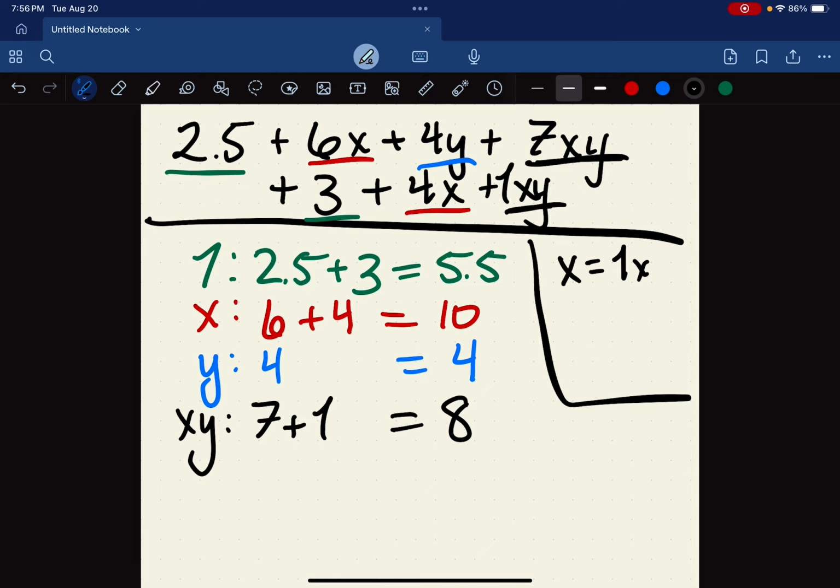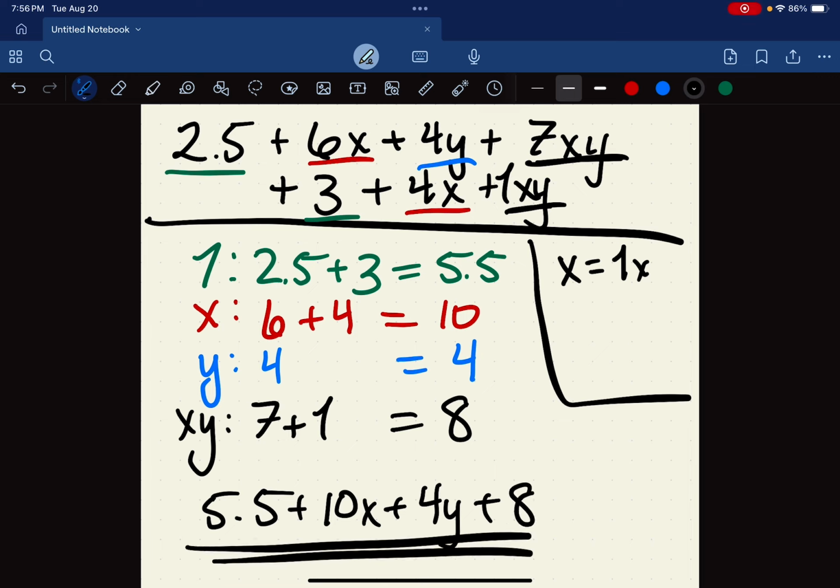So altogether, we can simplify this expression as 5.5 plus 10x plus 4y plus 8xy.